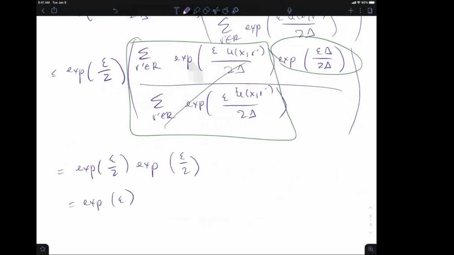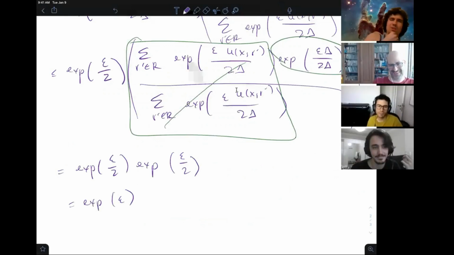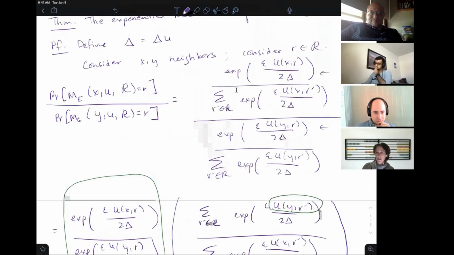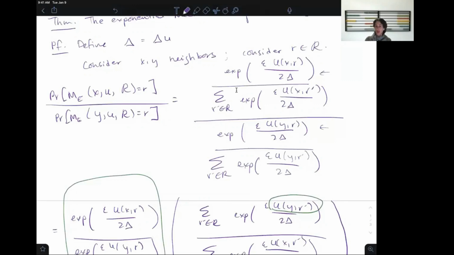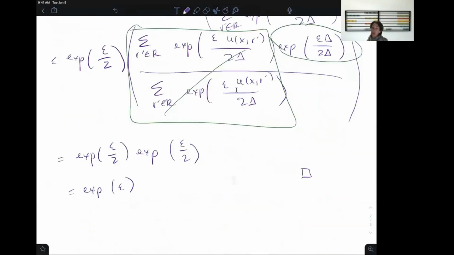Are we done? Was there anything special about the x versus the y? Did I know which one was bigger? Anything special? Nope, it was symmetric. We're good. Okay. So that's the proof that the exponential mechanism preserves differential privacy.